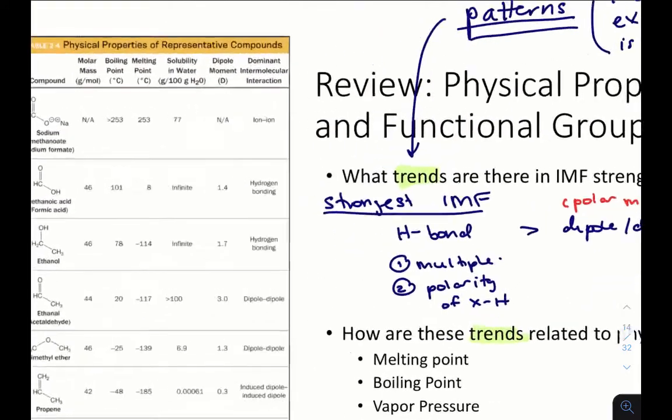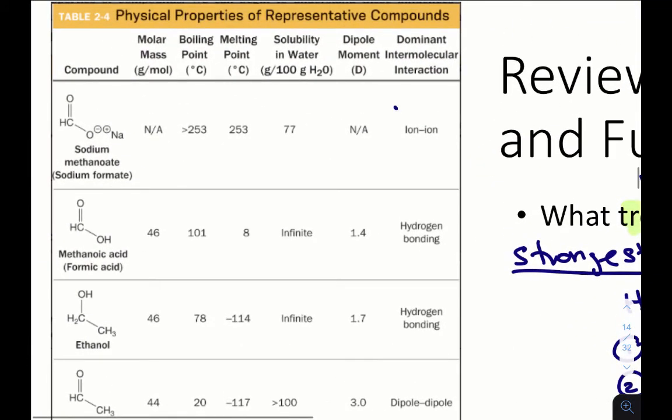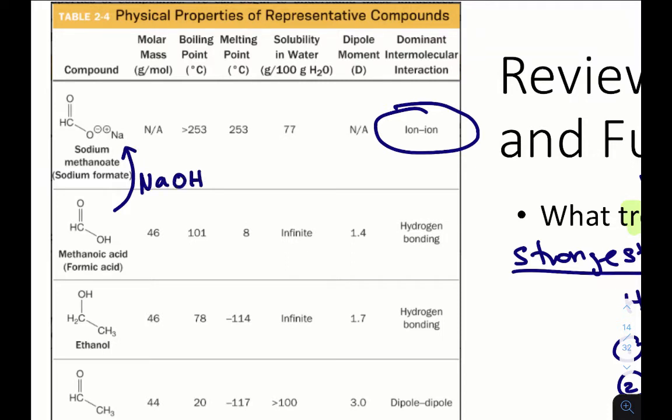You may notice we've been glossing over or haven't mentioned the ion-ion forces, such as in the conjugate base of methanoic acid. So if we treated methanoic acid with sodium hydroxide as a base, it would deprotonate this acidic proton on methanoic acid. And then the opposites would attract here. So we have this ion-ion interaction within this compound.